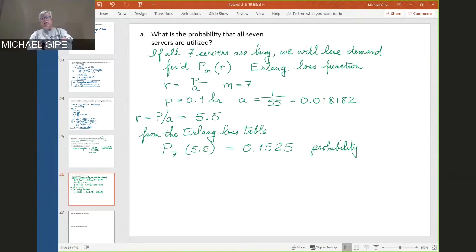That doesn't seem to have any impact on this loss. So that's an interesting thing to remember, and we'll see what the impact of that is in a little bit. So anyway, that's the probability that all 7 servers are utilized at any point in time.